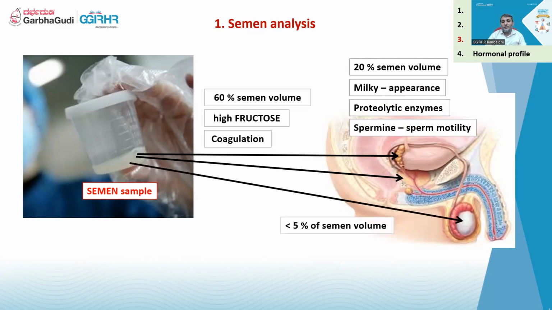Even though the testis is the important gonad of the male reproductive system, less than 5% of the semen volume is contributed by the testis. The remaining 10 to 15% is contributed by other organs, such as the vas deferens, epididymis, bulbourethral gland, and the glands present along with the penis.